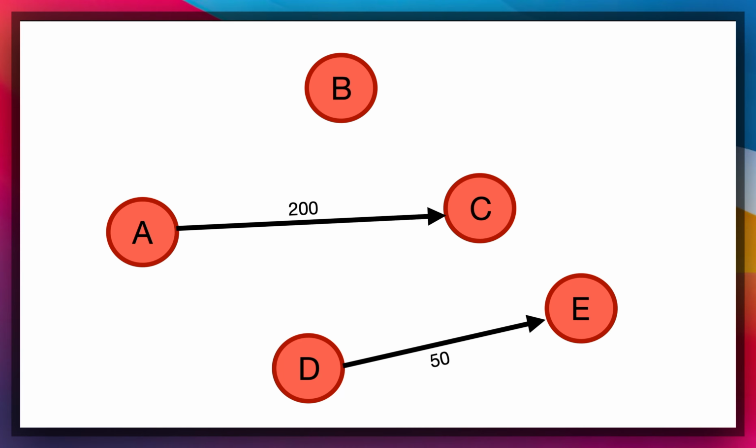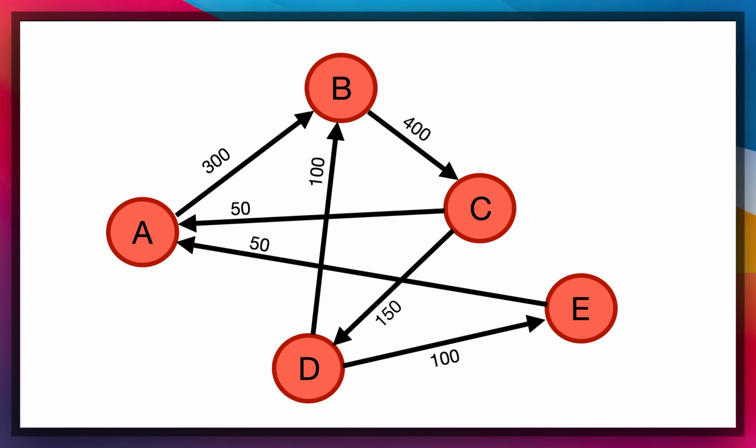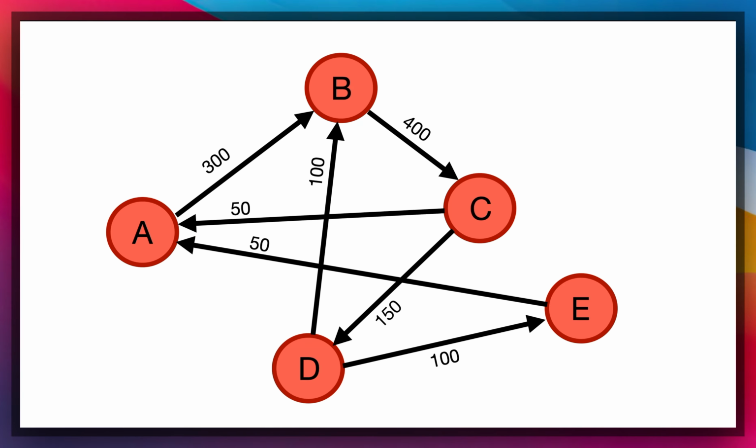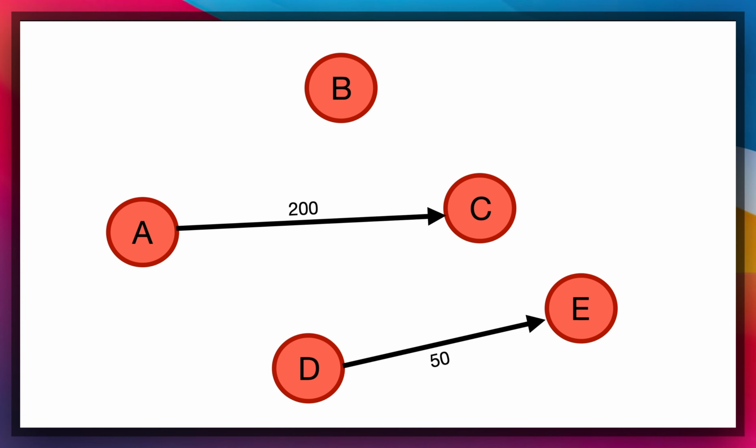Further, the edge weight has also reduced. For example, here between node D and node E, there is one edge with edge weight 100. But in the resultant graph, the edge weight is 50. Also, in the original graph, there was no edge between A and C. But in the resultant graph, there is one edge between A and C.